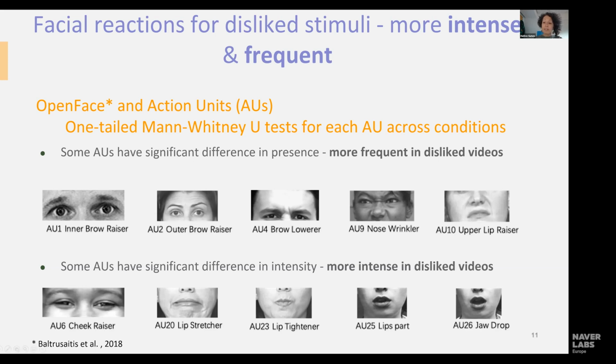Then we did a one-tailed Mann-Whitney U test, and we found that some AUs have a significant difference in presence. Particularly, they're more frequent in disliked videos, and these are AUs such as 1, 2, and 4. And some AUs have a significant difference in intensity, and they're more intense in disliked videos. These are AU6 and AU20.